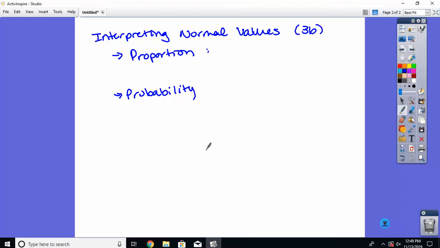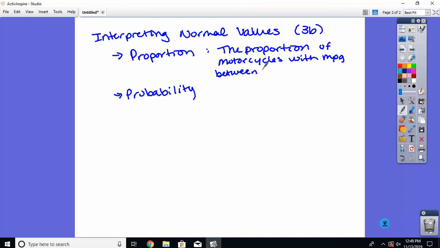So for the proportion, for 3B, if I gave you that number, we are talking about the probability that the miles per gallon fell between those two numbers. It could mean the proportion of motorcycles with the miles per gallon between those numbers is the 0.6419.